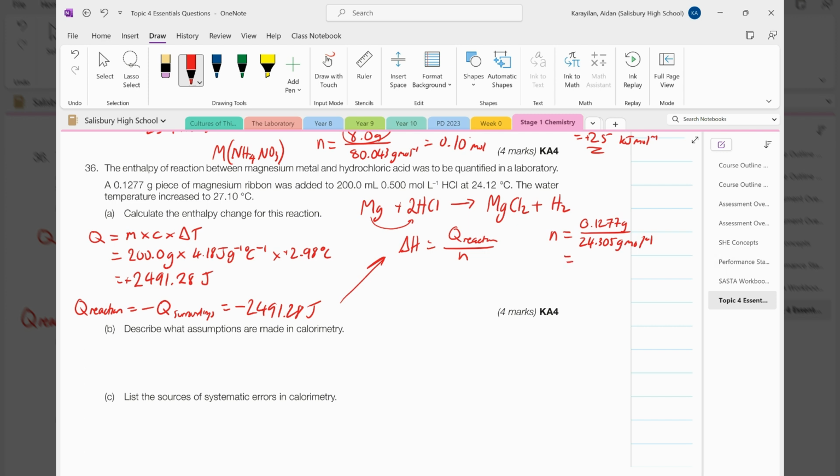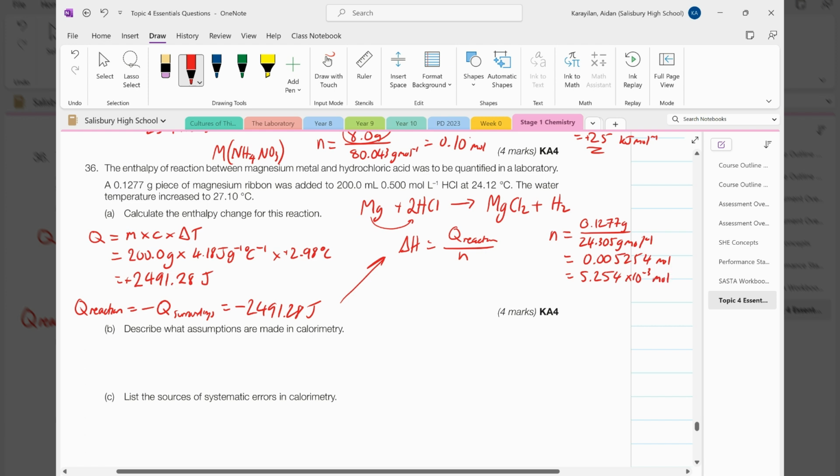Putting that into the calculator, 0.1277 divided by 24.305 gives us 0.00525 moles, which is 5.254 times 10 to the negative 3 moles.